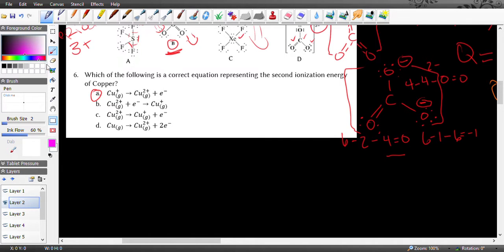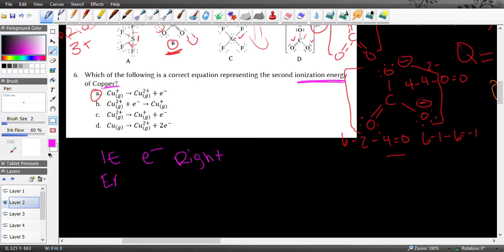Okay, new color. Alright, so ionization energy. And we're talking about copper here. If we're talking about the second ionization energy, number one, for IE, the electron is going to be on the right.